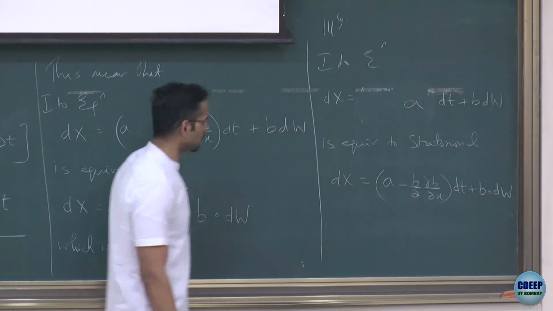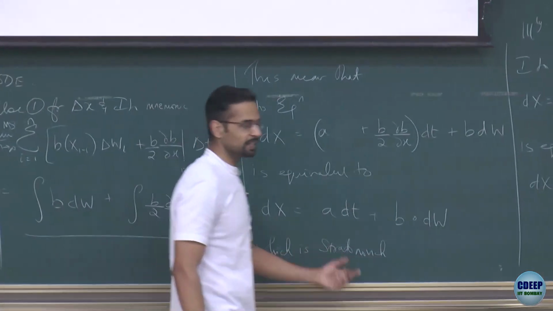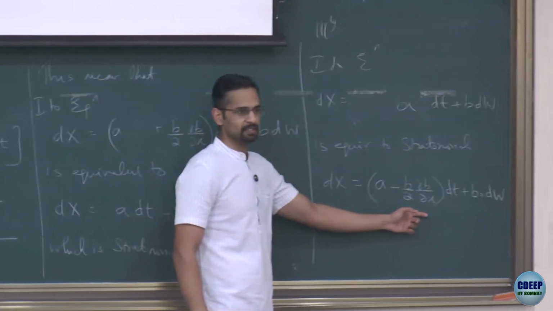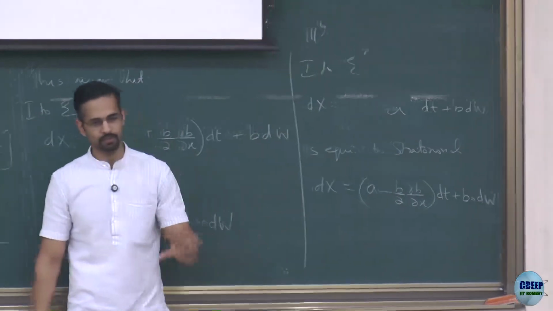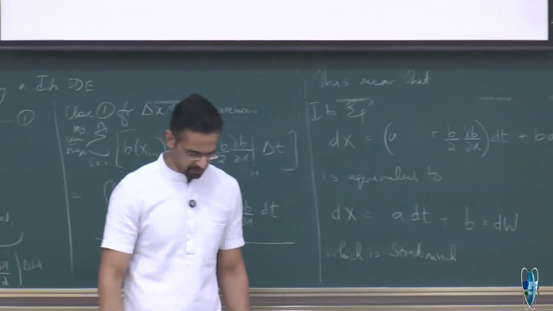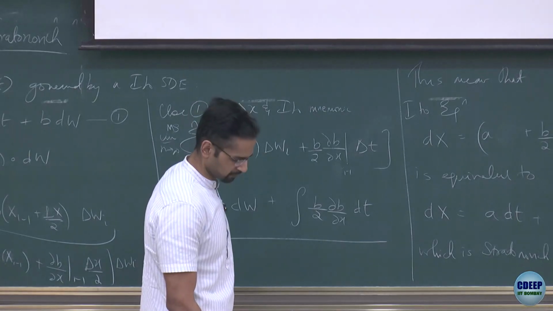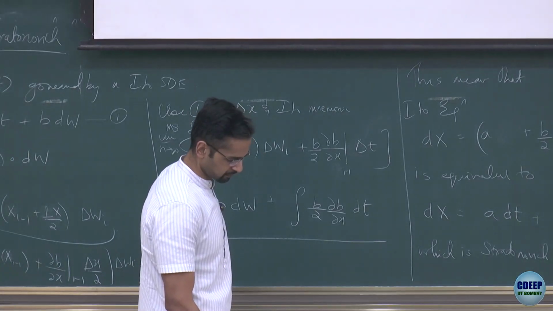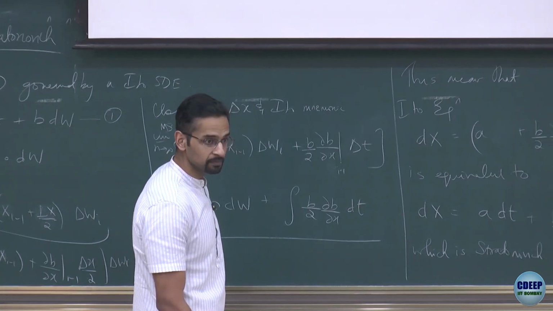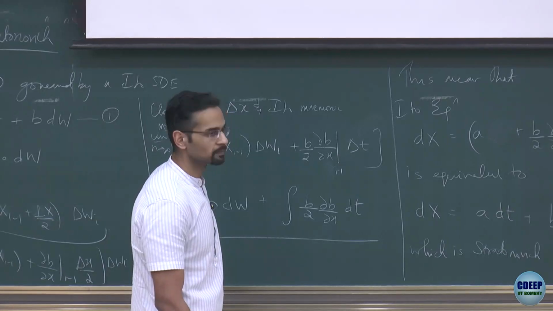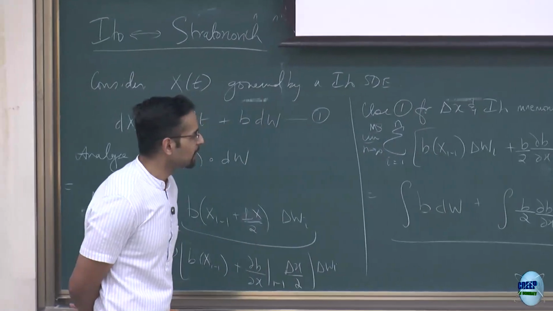Because I know the Stratonovich, when I go to Ito, gives me an extra drift. If my Stratonovich started out with a deficit of that same drift, then when I go to Ito, I'll get the usual Ito. So it's just going back in reverse. Okay, so that's neat. Any questions?